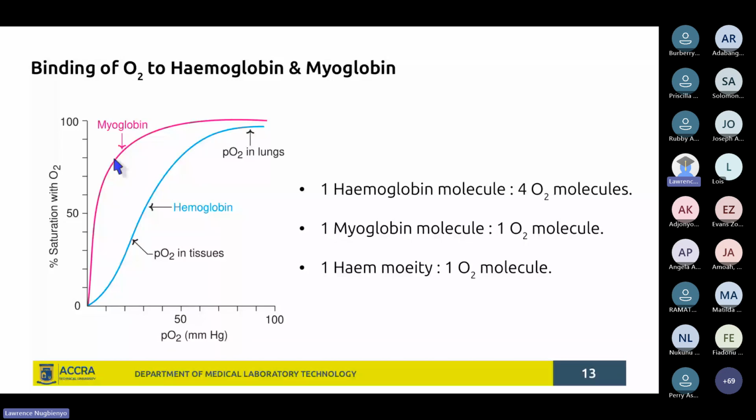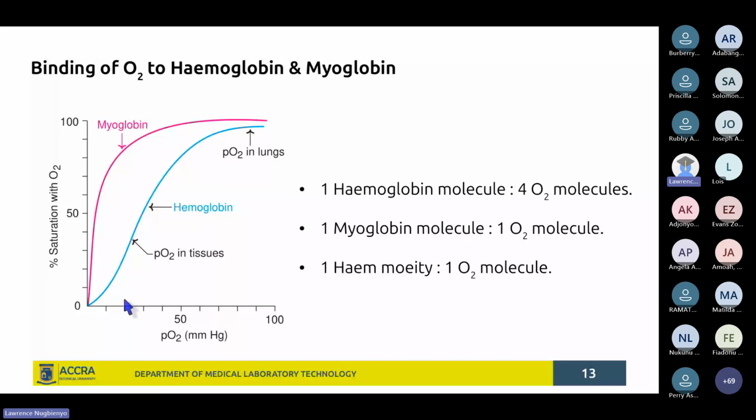And you see in the tissues where hemoglobin releases oxygen to the tissue cells, there the partial pressure of oxygen is lower. Of course, because you have the process of metabolism in the cells where they are making use of the oxygen and producing the byproduct carbon dioxide.